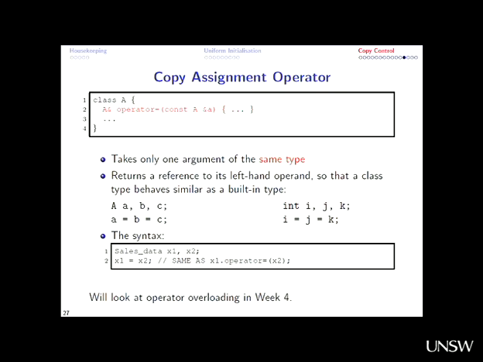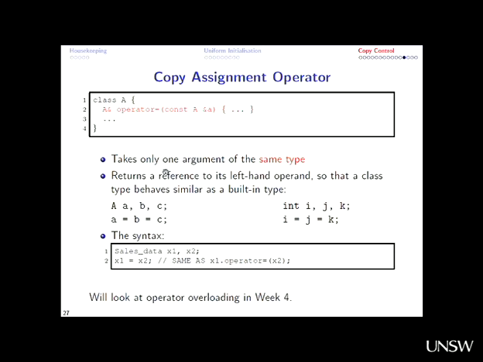So in my code up here, it says SalesData ampersand. It's a function that returns a reference to a SalesData object, operator equals. As your first look at operator overloading, again, we're going to spend a lot of time on this over the next week, it takes in a reference to a SalesData object.